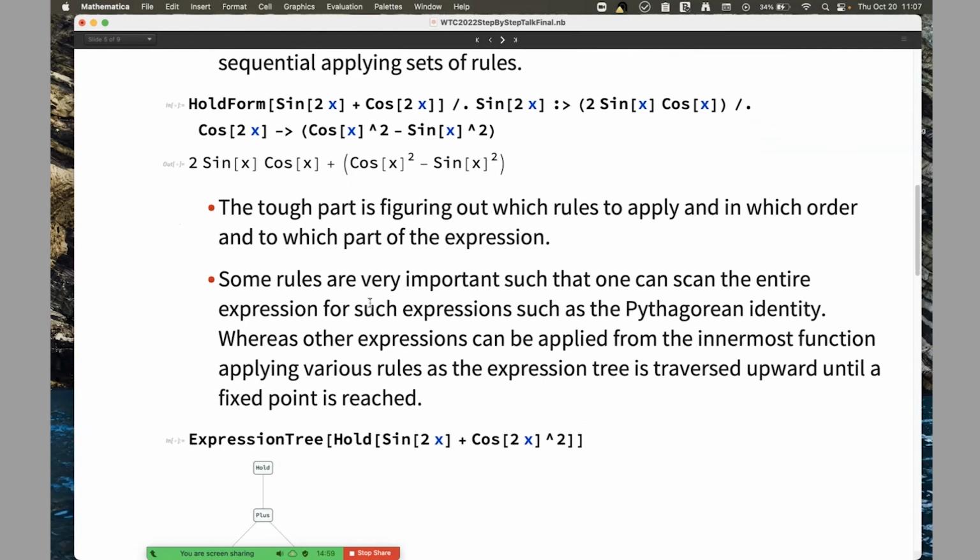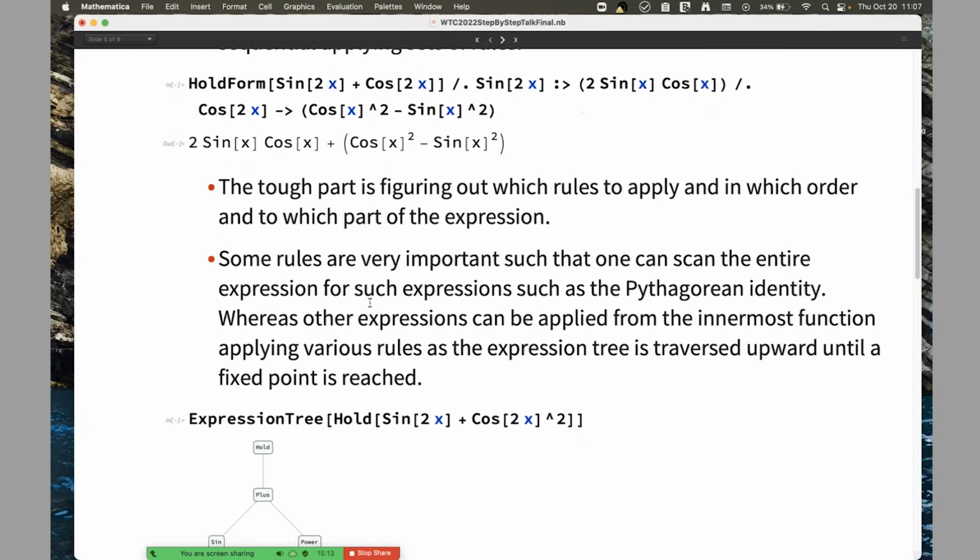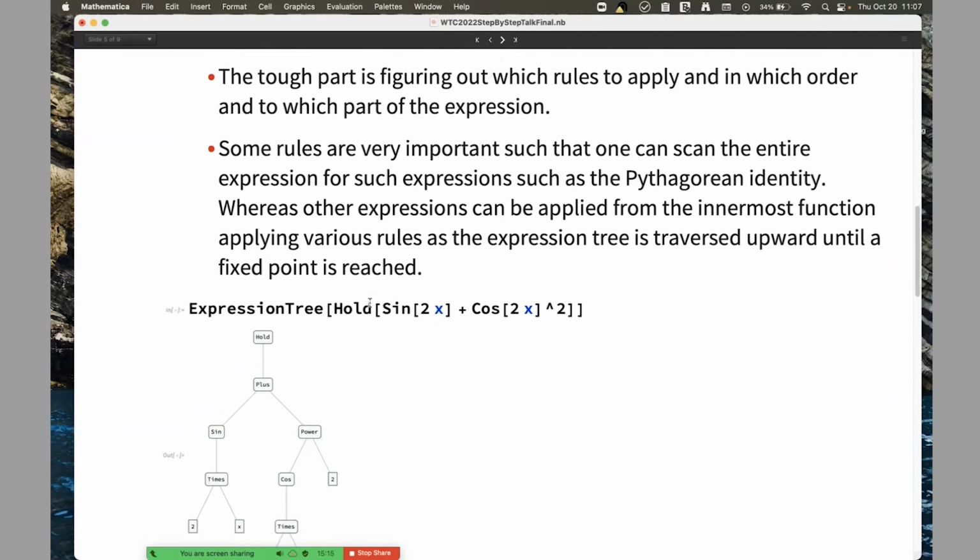You can think about this from the viewpoint of looking at the entire expression and working inwards, and also from a viewpoint of building up. One way of thinking about this would be as an expression tree.